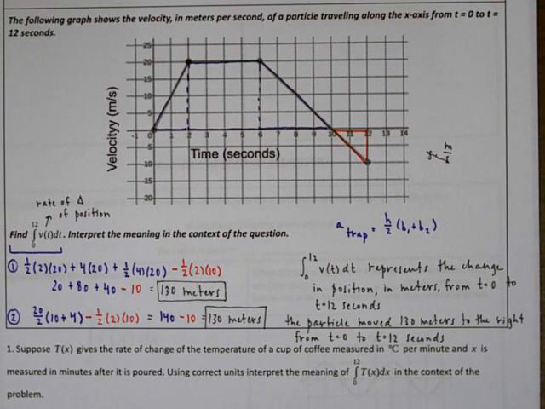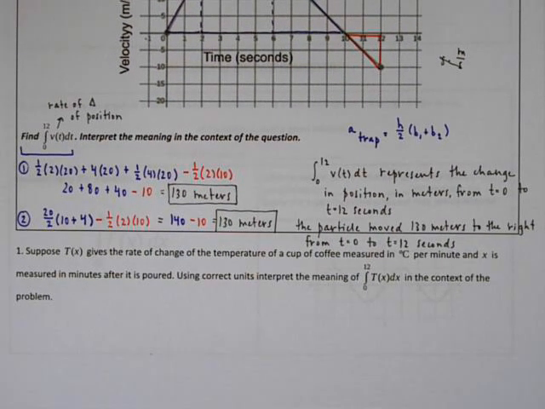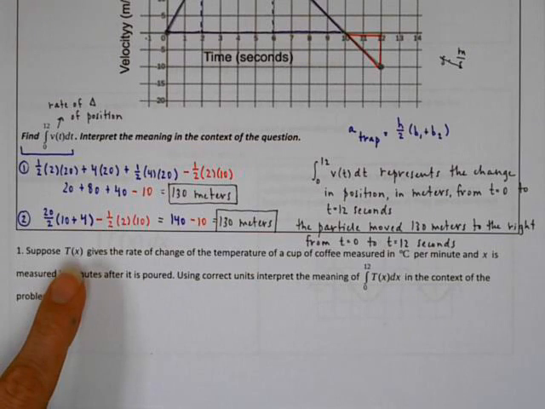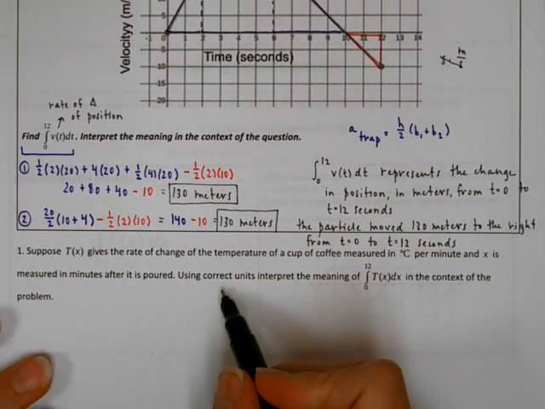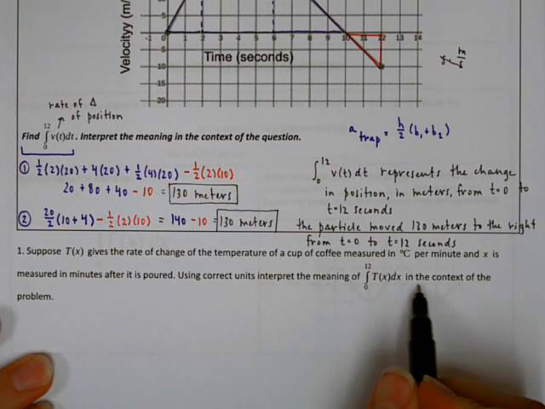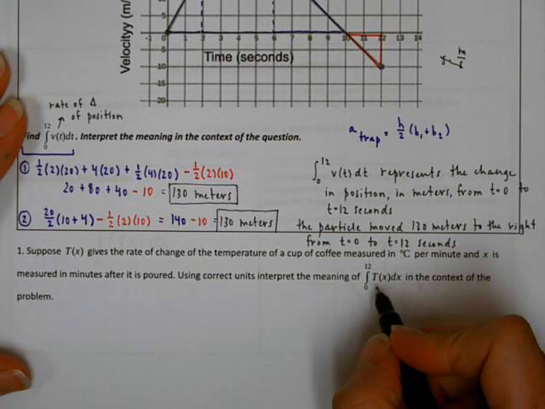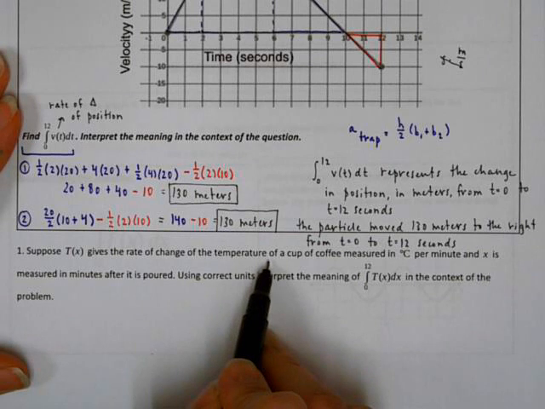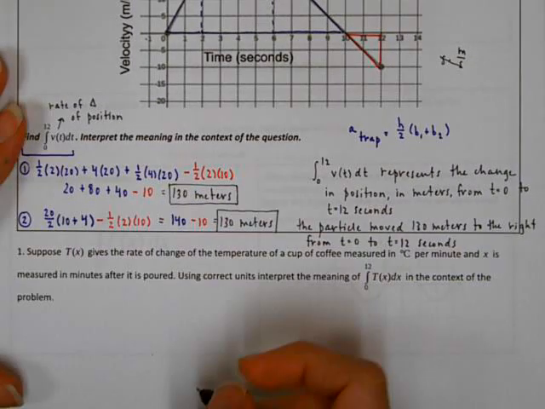All right. One last example. So now they're telling us that the function t of x gives the rate of change of the temperature of a cup of coffee measured in degrees Celsius per minute, and x is measured in minutes after it's poured. So now using correct units, interpret the meaning of this integral in the context of the problem. Now again, if I'm integrating the rate of change of the temperature, that's going to give me the change in the temperature.